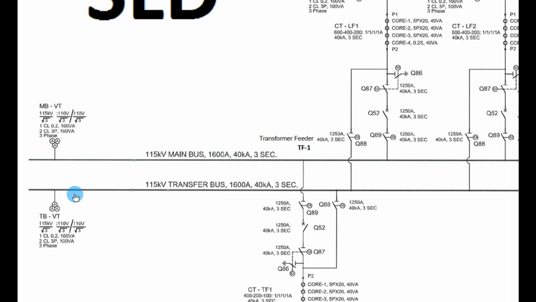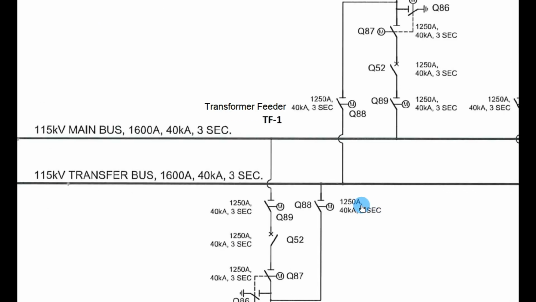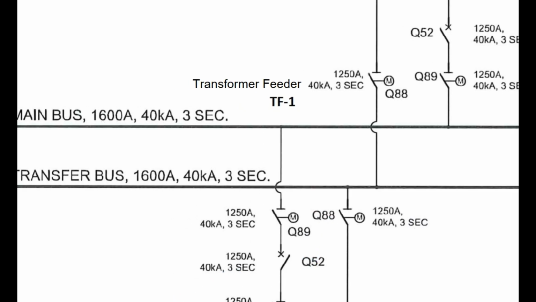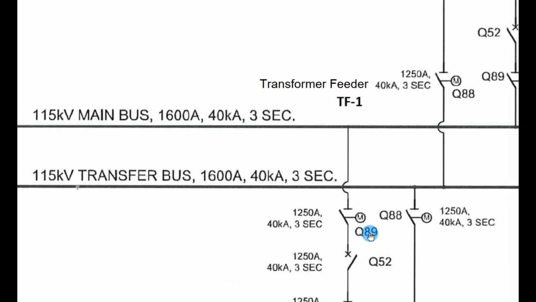Now we can see the transformer feeder. Here we have two isolators, Q89 and Q88. Q89 is the isolator connected to the main bus, and Q88 is the isolator connected to the transfer bus.